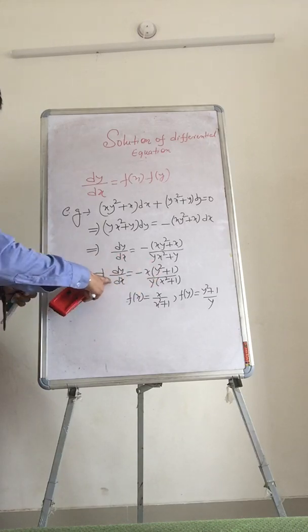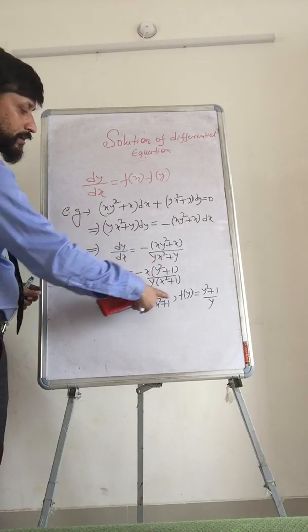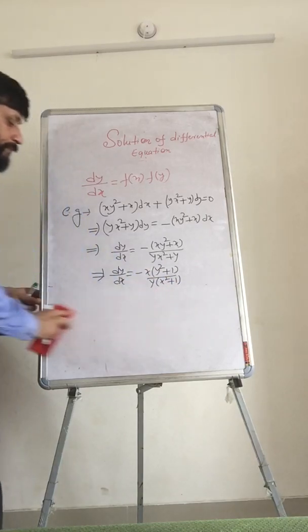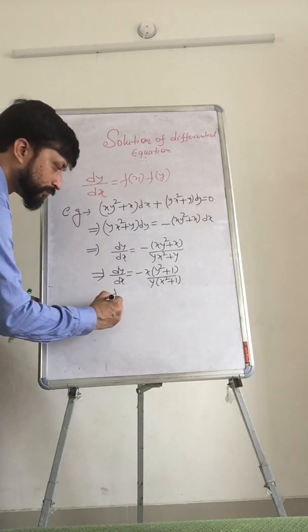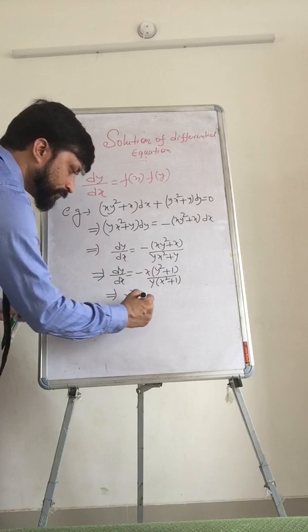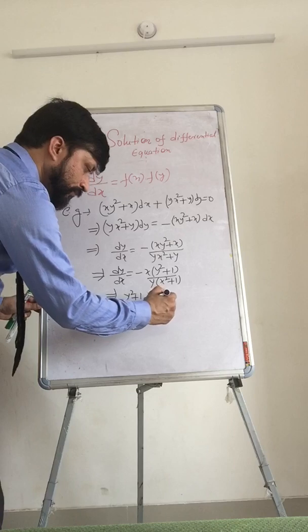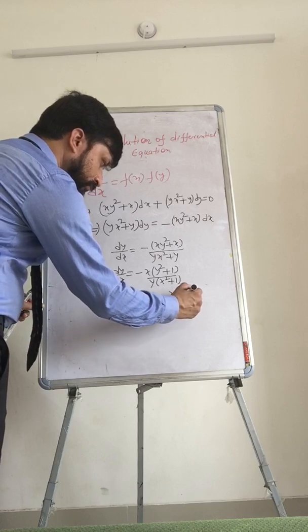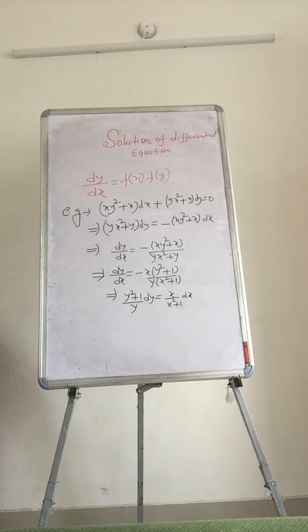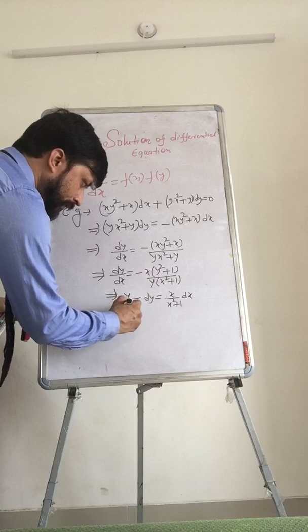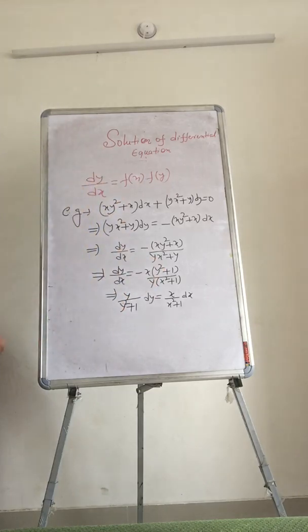We will shift in such a way that the dx part contains this and the dy part contains this, here y by (y square plus 1). Okay. Next, integrate.